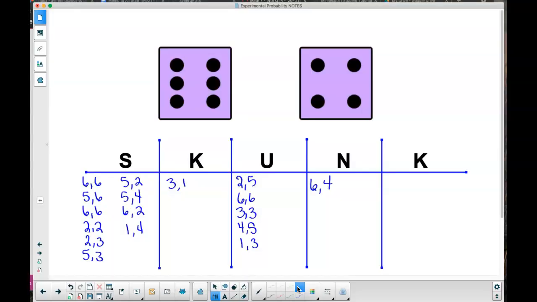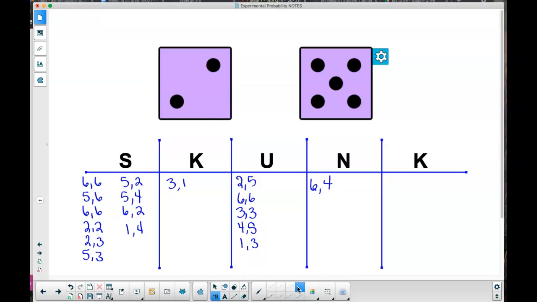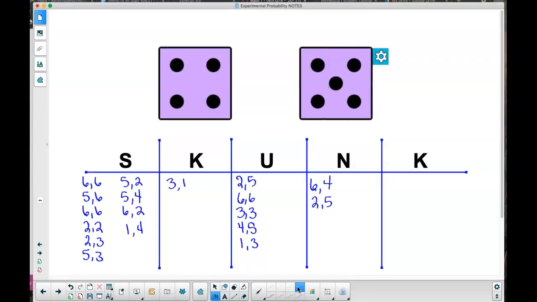Anybody want to sit? 2 and a 5. Everyone sit down. No. Okay, here we go. Oh. You don't want this early. Anybody want to sit now?